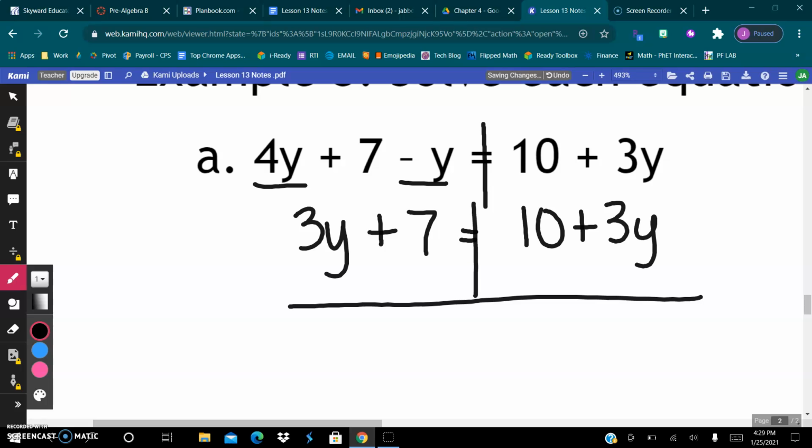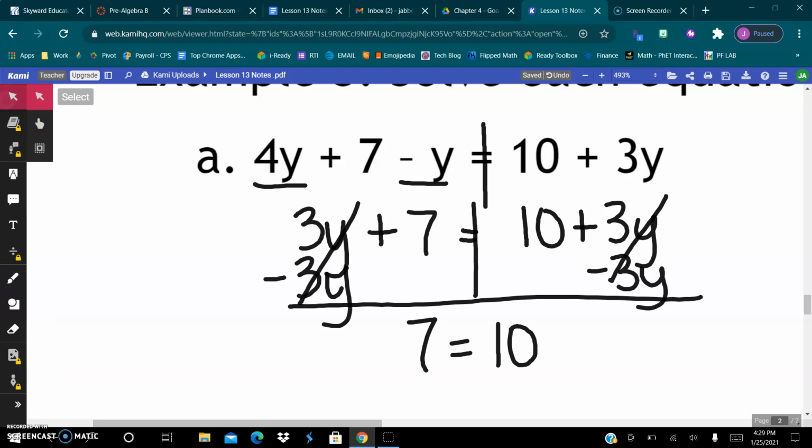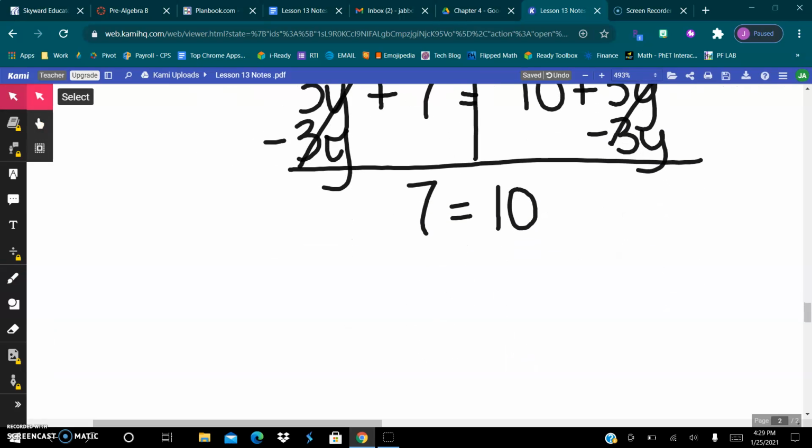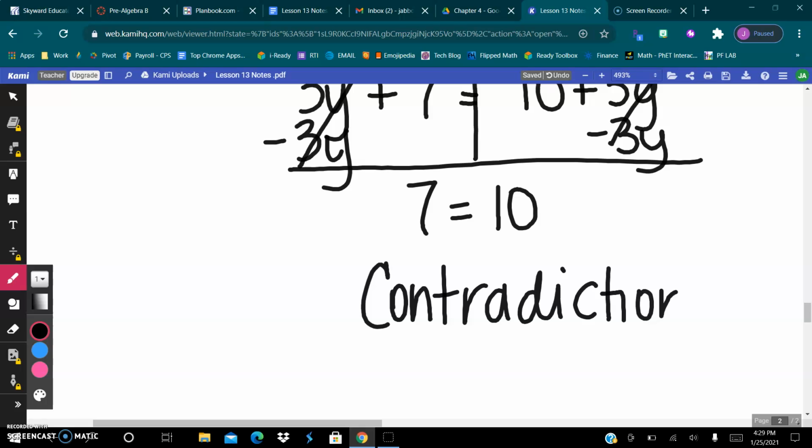They're both positive 3, so I'm going to subtract 3y to move. And they both would cancel out, and I would be left with 7 equals 10. That is not a true statement. Therefore, this is a contradiction. And there is no solution for it.